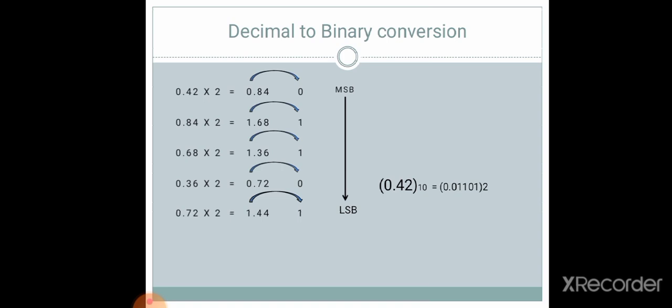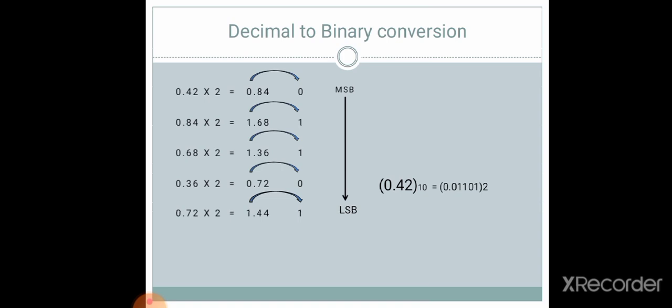At that time bottom was MSB and top was LSB. Here reverse we are doing, that means we are copying our answer from top to bottom and we are considering a top number as a MSB and last number is LSB.